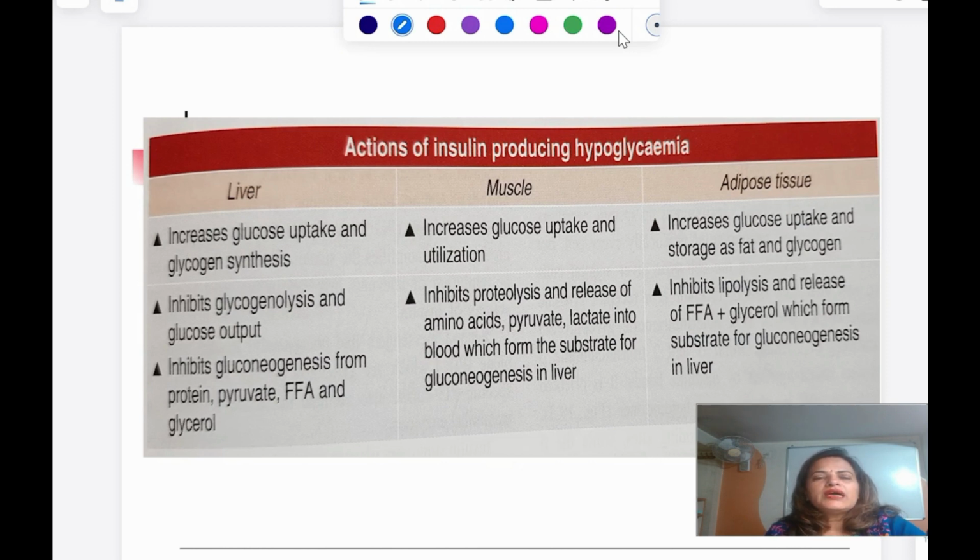So liver, muscle and adipose tissue, all the three sites and the three metabolisms. If you take up the carbohydrate or glucose, it is going to increase the glucose uptake and glycogen synthesis. In muscle, they are going to use the glucose uptake and utilization. Here also glucose uptake and stored as fat and glycogen.